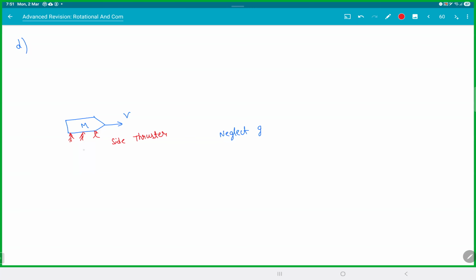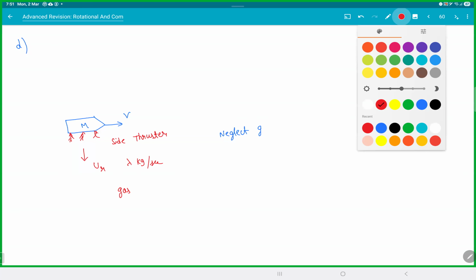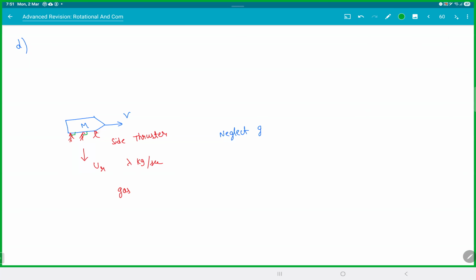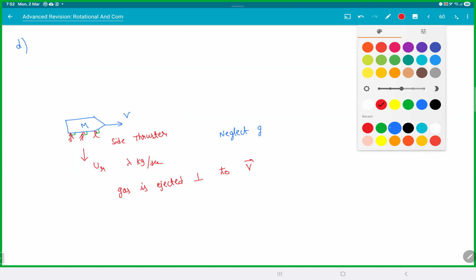All of them together are ejecting gas at a rate of lambda kg per second, with speed UR. Getting it? So gas is ejected perpendicularly, the side thrusters are perpendicular to the velocity of the rocket. Now, when you do this, what will happen?